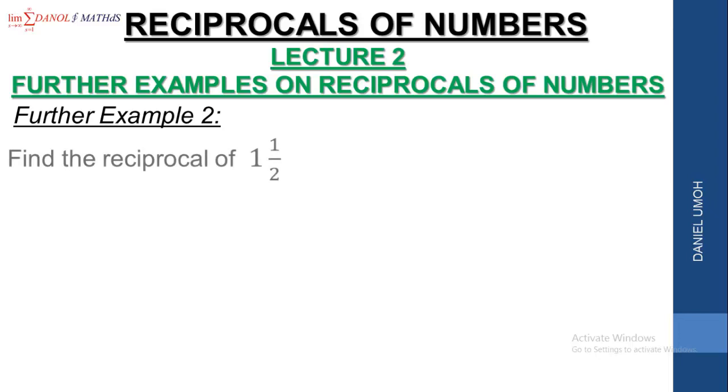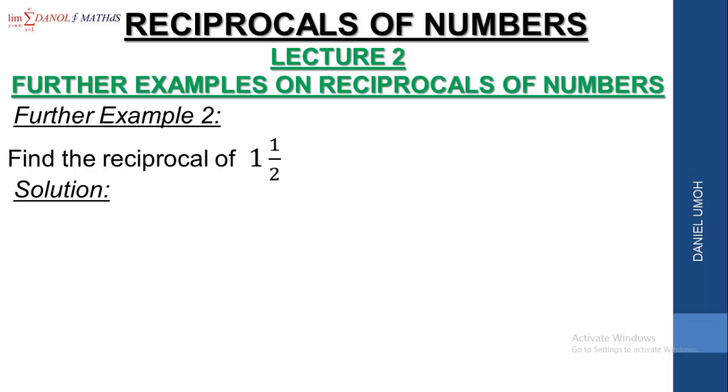Example 2 says, find the reciprocal of one whole number 1 over 2. Our solution. Now remember, whenever we are asked to find the reciprocal, we simply say that reciprocal means 1 all over the number whose reciprocal you are asked to determine. Okay, now let's solve the problem.